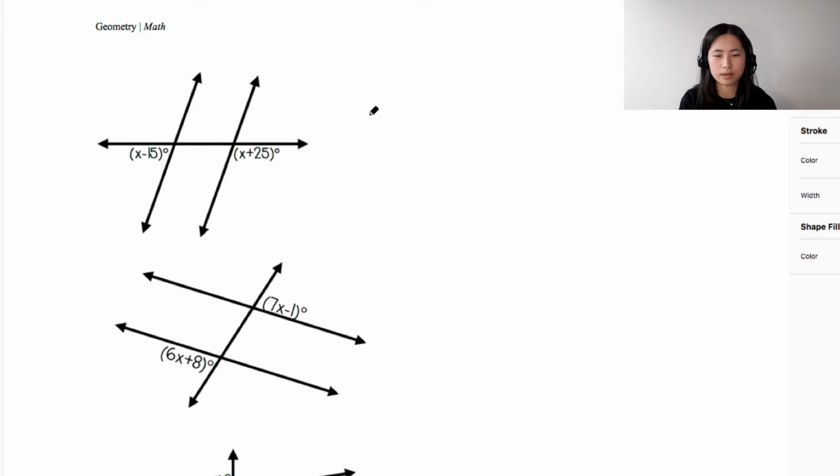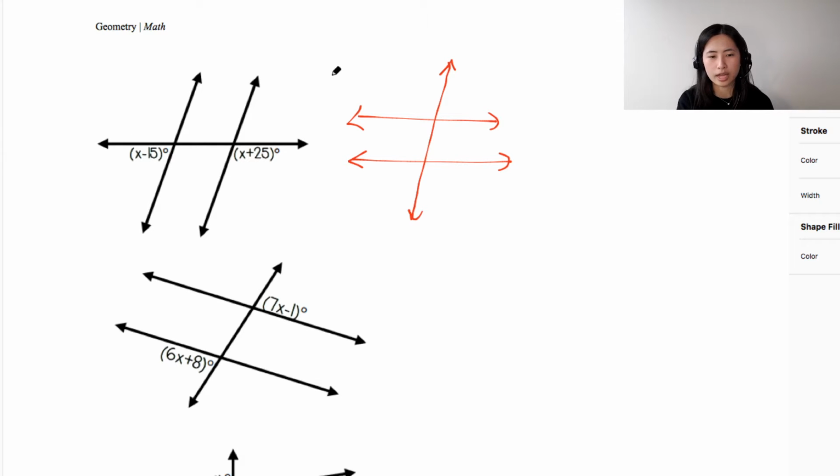Okay, so if you think about having the parallel lines like this, and then you have this transversal over here, and you rotate this clockwise 90 degrees, you know that this x minus 15 degrees is over here, and this x plus 25 degrees is over here, because they're on the same side of the transversal.